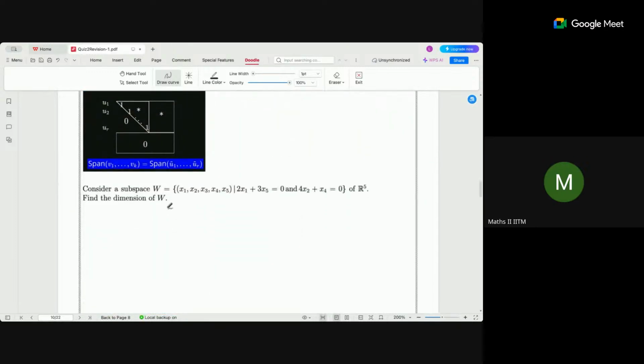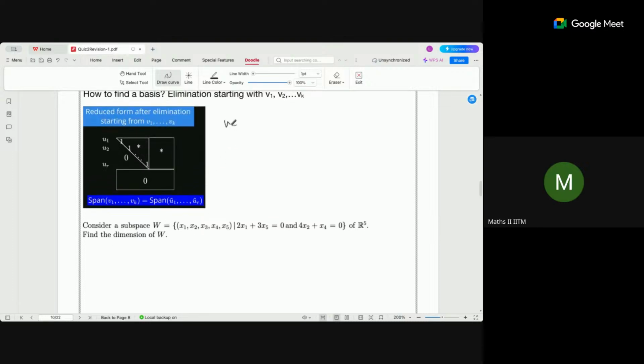Okay, now consider this example. How do you find a basis for this? Suppose W is equal to the set of all x, y, z such that x plus y plus z equals 0, a very simple example I am taking.